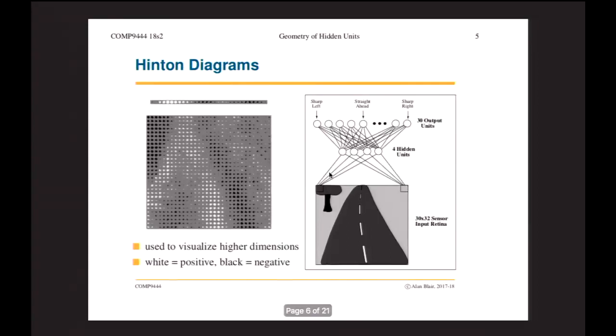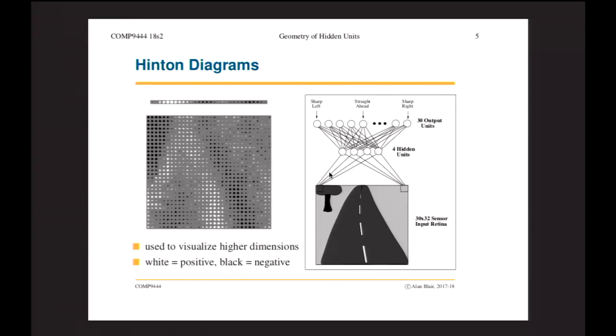Okay, so now if we move to a slightly bigger neural network, this is the network that I mentioned before that was trained for early work on autonomous driving, and this is called a Hinton diagram.